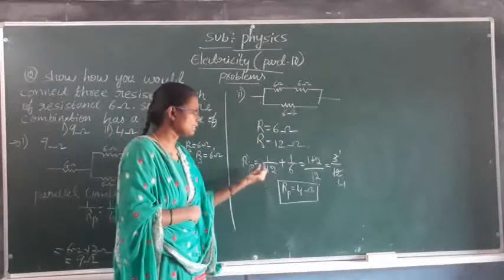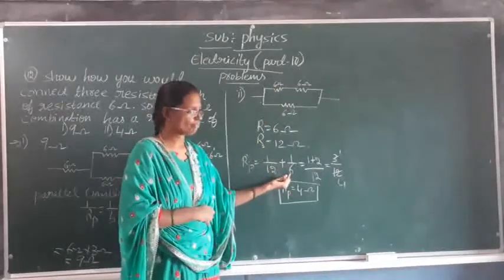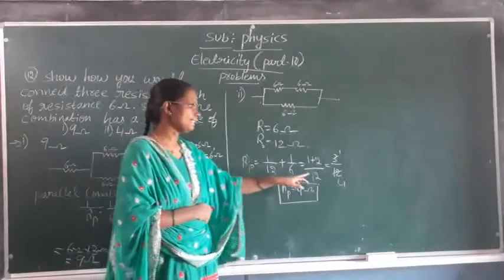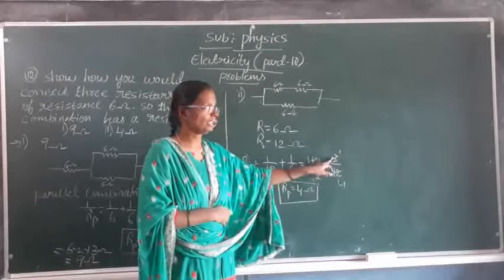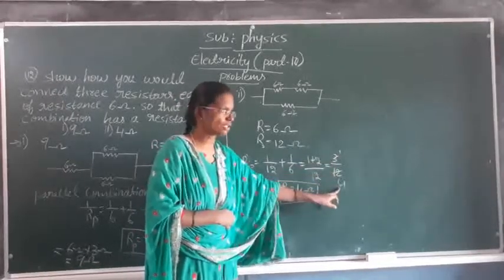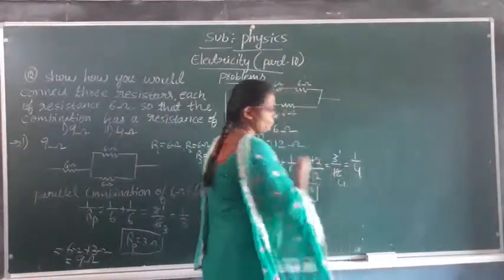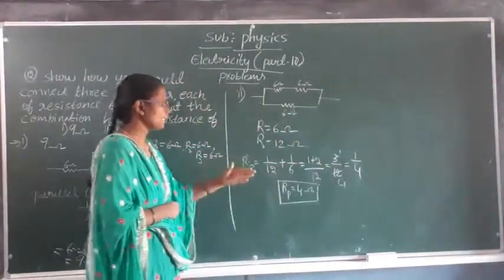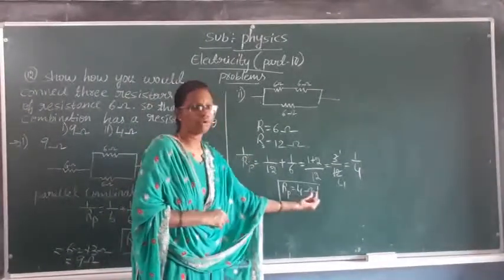So 1 by RP is equal to 1 by 12 plus 1 by 6. Take LCM 12. When you add, 1 plus 2, 3, so 3 by 12. Cancel, 3 ones are 3, 3 fours are 12. So 1 by RP is equal to 1 by 4. When you take the reciprocal, RP is equal to 4 ohm.